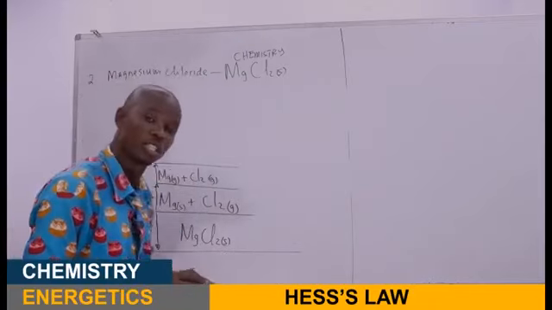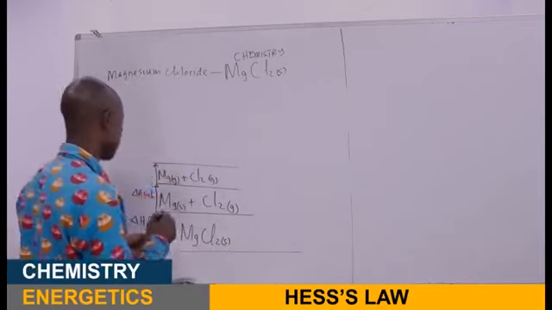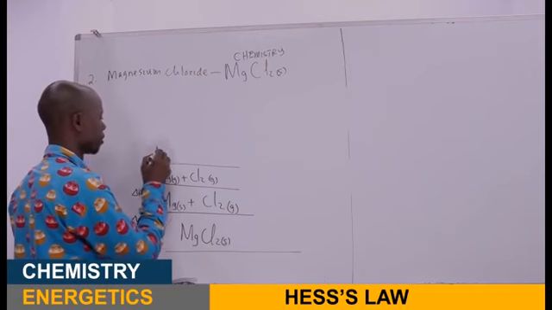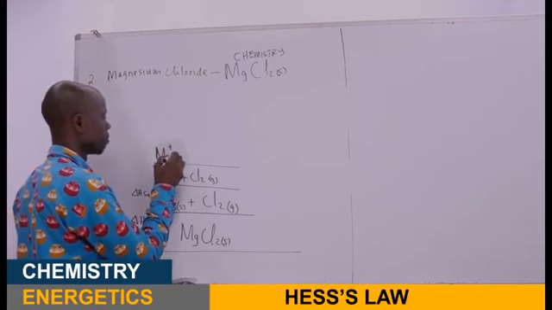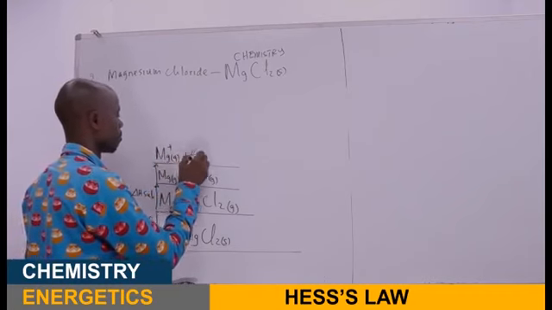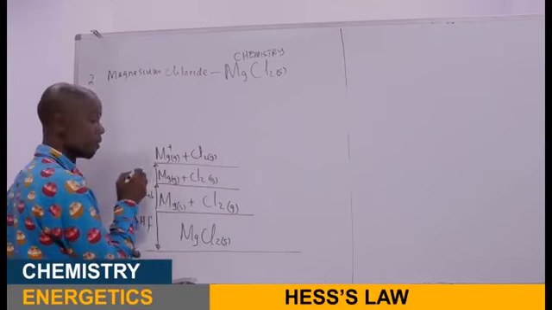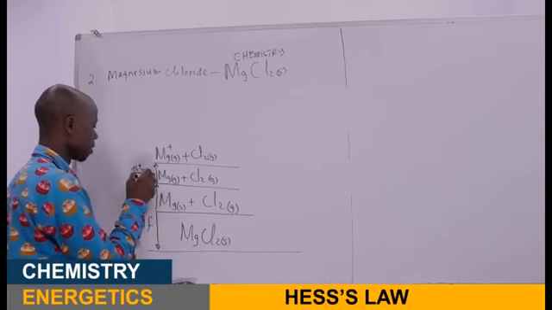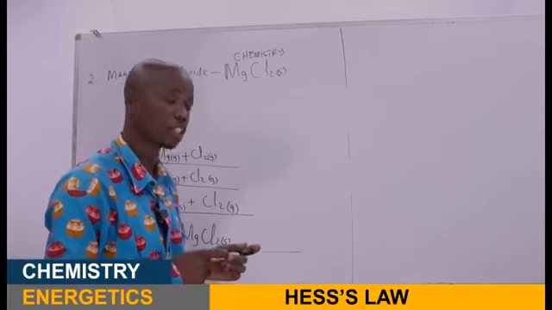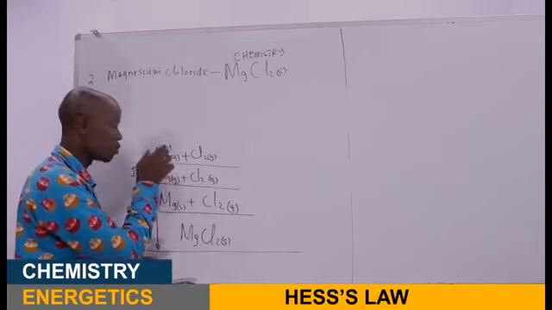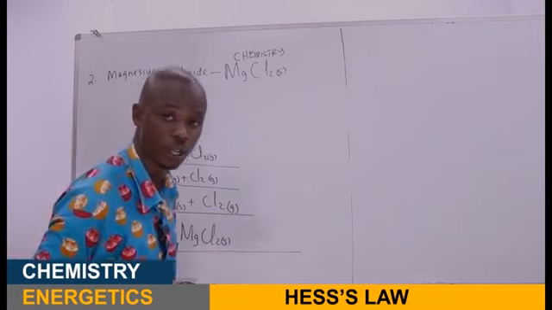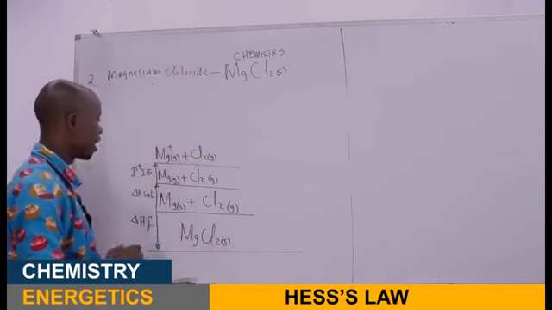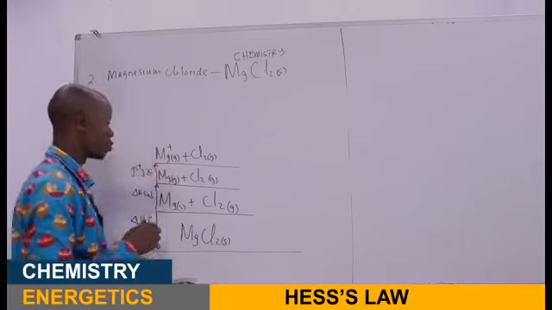Losing 2 electrons is stepwise. So the first one is the first ionization energy. That means 1 electron is lost from 1 mole of gaseous atoms of magnesium. From there, the second electron is also lost.